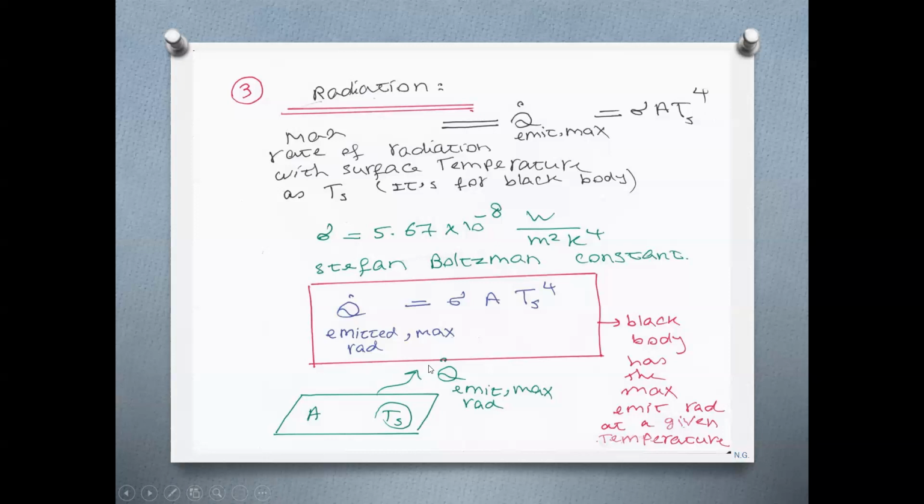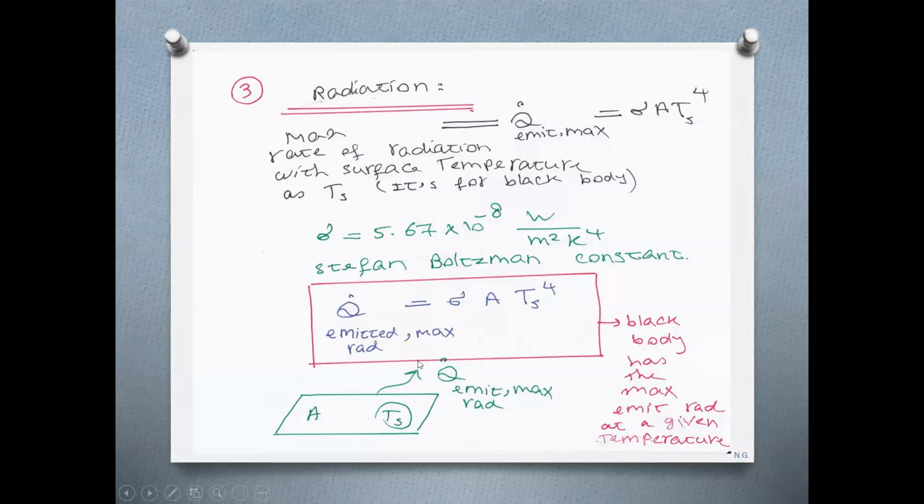For a real surface, I'm going to explain in the next slide, but for the maximum, let's explain it this way. If the surface has temperature Ts greater than absolute zero, that surface can emit radiation.